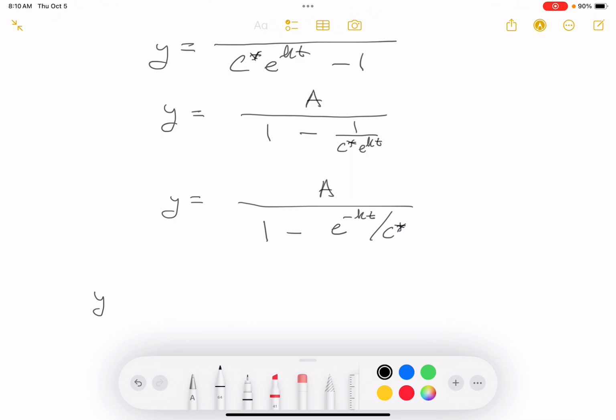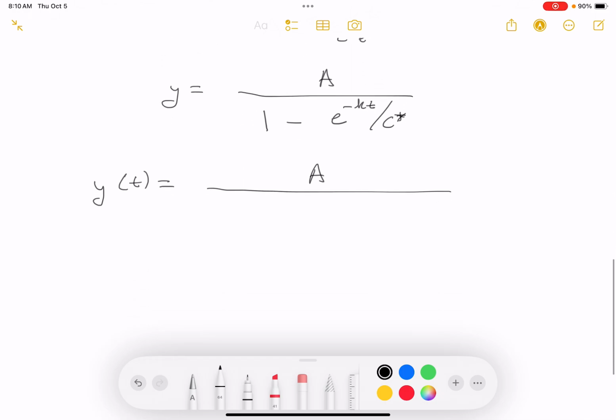And now y is a function of time. What's that function going to be? A, which we call the carrying capacity of the population, over 1 minus e to the minus kt divided by c star. All right? So we just solved that differential equation. Again, we have to take an example where we have concrete numbers, and we'll go through that. All right? Thank you.